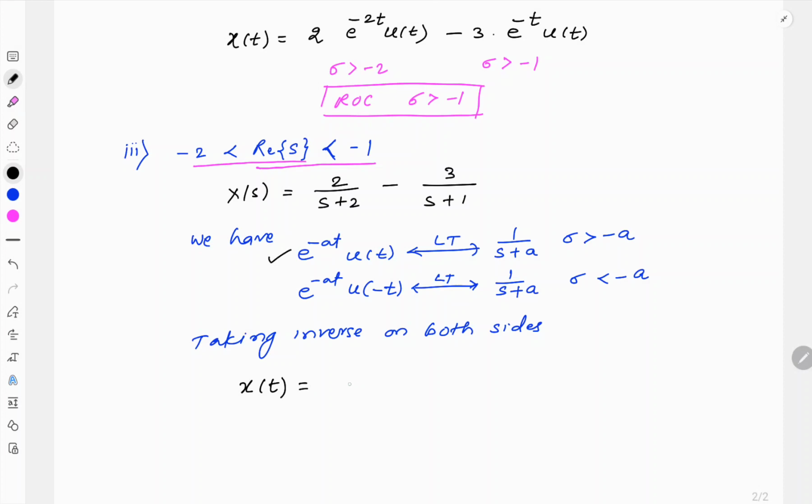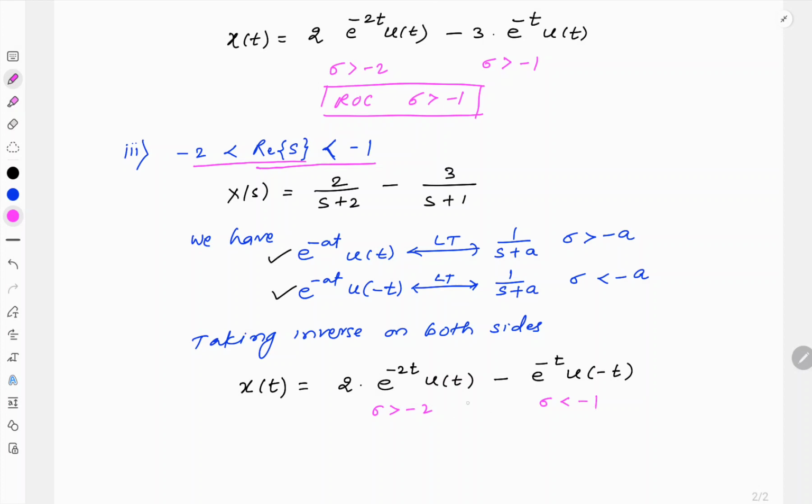So x of t equal to 2 will be as it is, and the inverse of 1 upon s plus 2 will be e raised to minus 2t u of t with RoC sigma greater than minus 2. And for the second term, we have to make use of the second equation: minus 3 e raised to minus t u of minus t with RoC sigma less than minus 1.